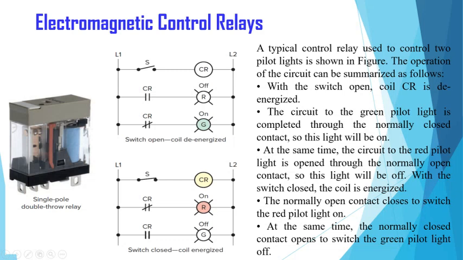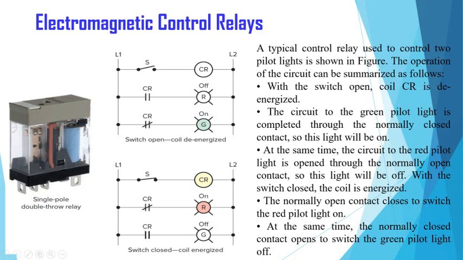The figure above shows the circuit when the switch is open, and the figure below it shows the circuit when the switch gets closed. When the switch is open, the coil is de-energized, and when the switch is closed, the coil gets energized. When the switch is open, coil CR is de-energized.